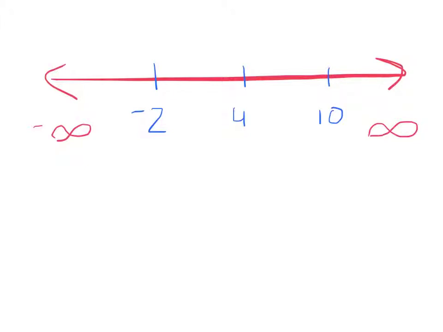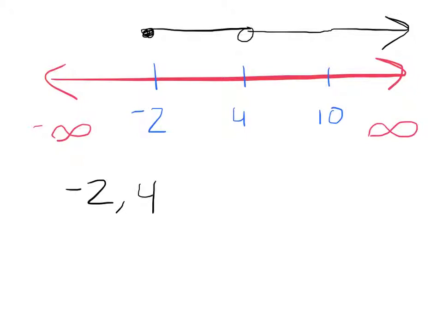For our instance, we'll say all numbers starting and including negative 2, up to but not including 4. All numbers that are bigger than 4 on. So if you think about the way this is broken up, we're going from negative 2 to 4.